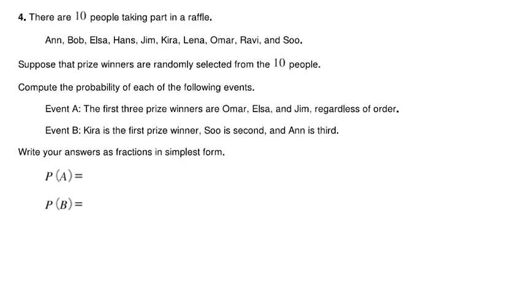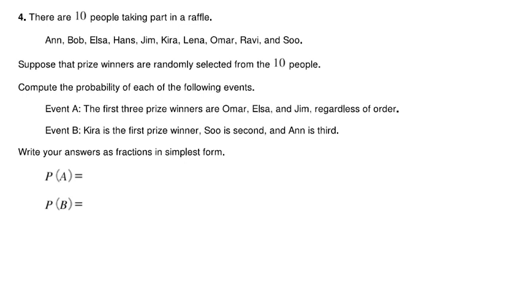Okay, we have 10 people taking part in a raffle. Prize winners are going to be selected randomly from 10 people. And we want to calculate the following probabilities. For event A, we have 3 prize winners, which are Omer, Elsie, and Jim. And it doesn't matter what particular order they're being selected.